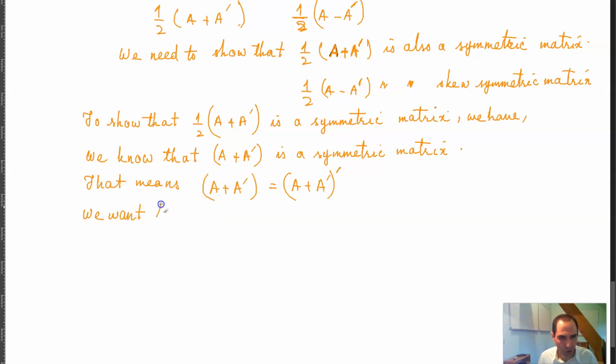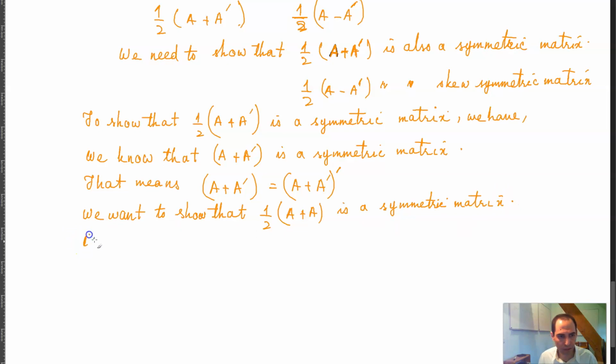So we want to show that 1/2 of A plus A prime is a symmetric matrix.